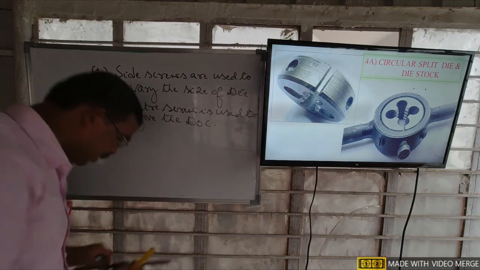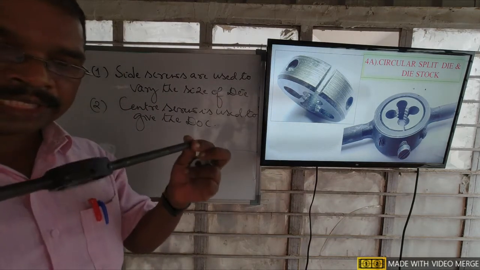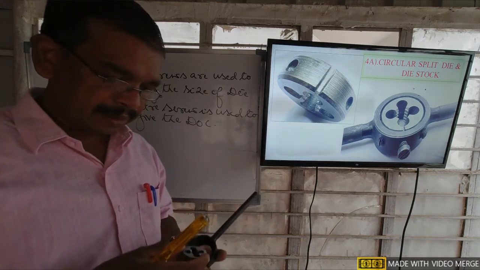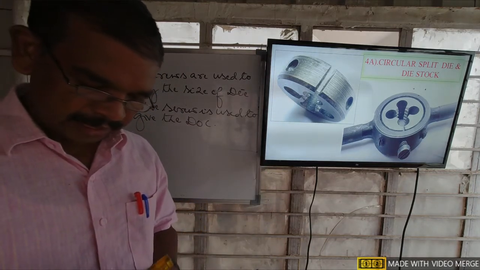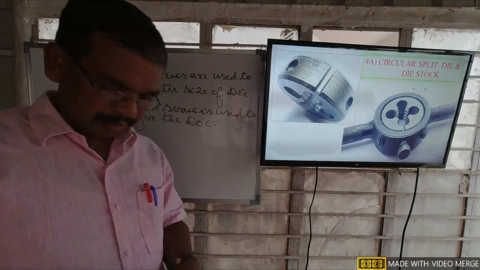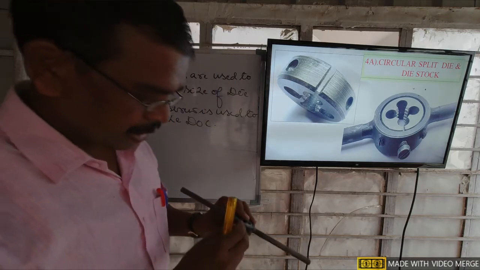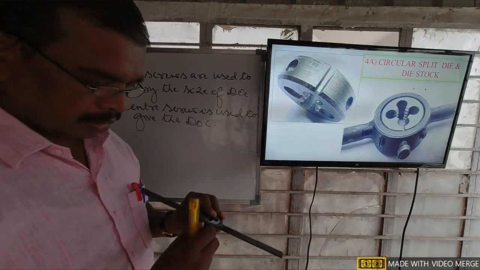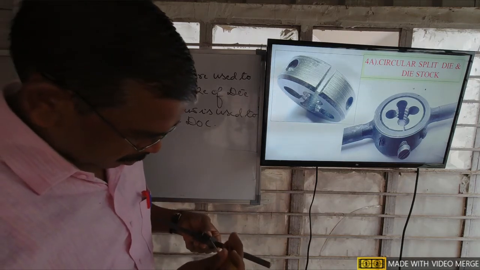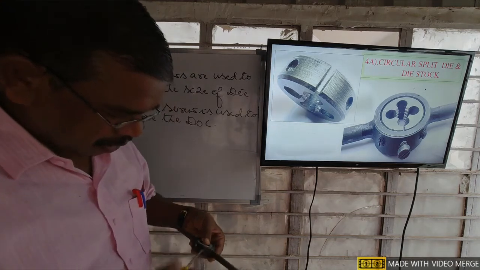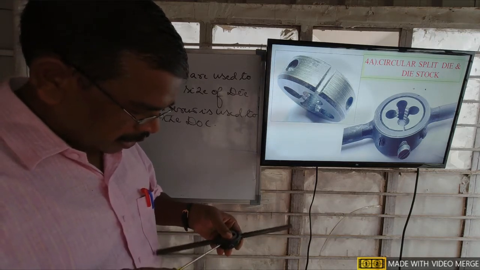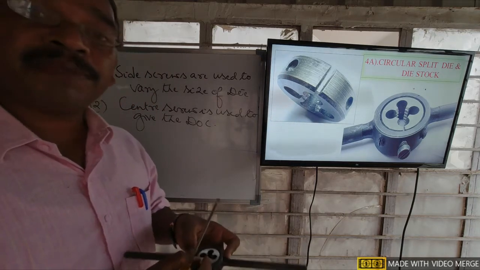And also you can see the die stack. This is the die stack which will be used to fix this button die. We have to fix the die like this. Okay, and this is the center screw, and these two are side screws. By using these side screws, with the screwdriver, we can increase or decrease the size of this die.